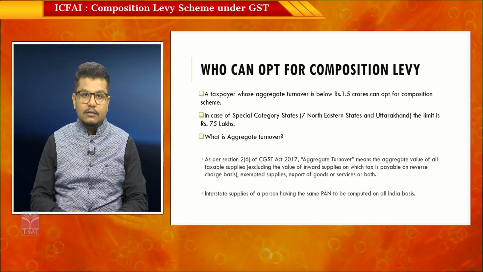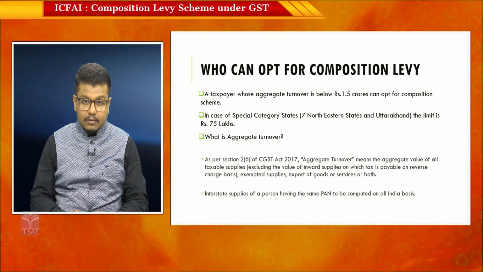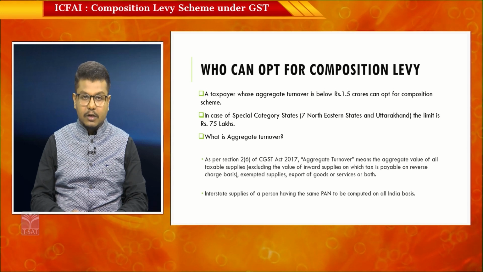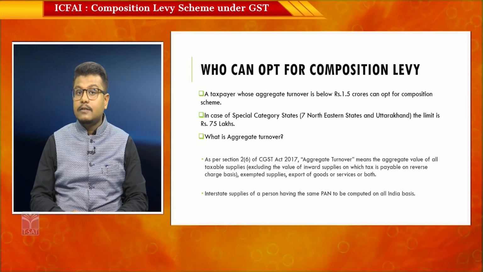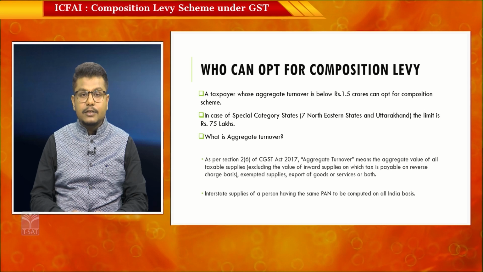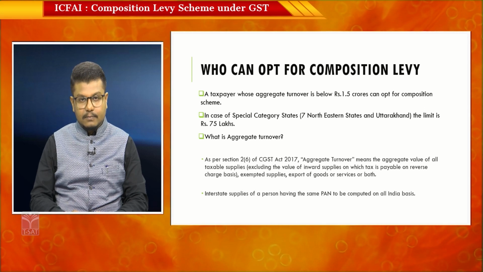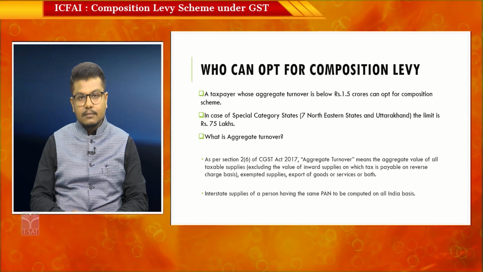Proceeding further, now the question comes, what is the major condition that I have already mentioned about? The condition is that your aggregate turnover must be below certain limit. What is that?